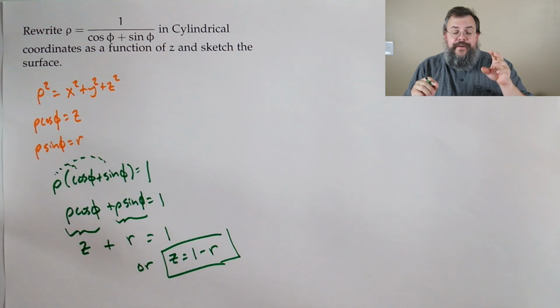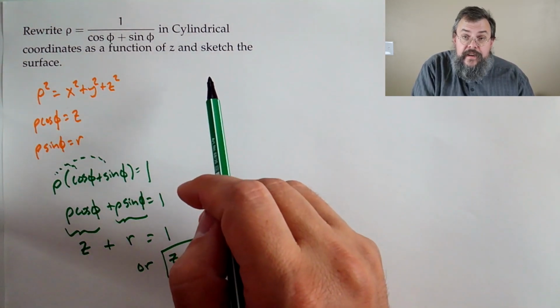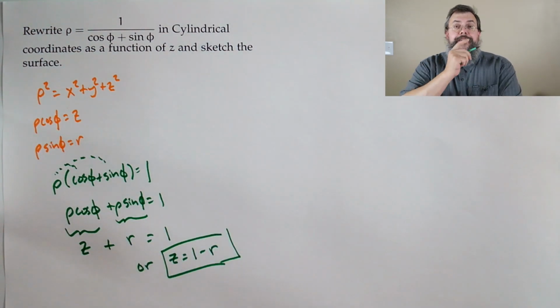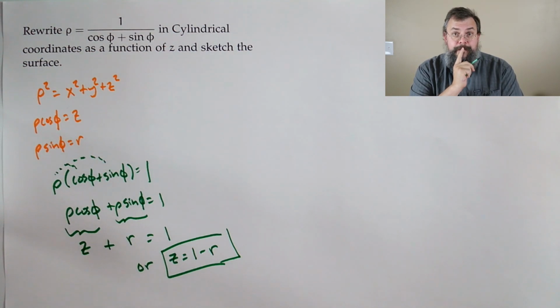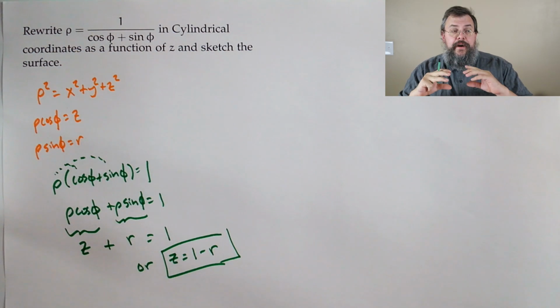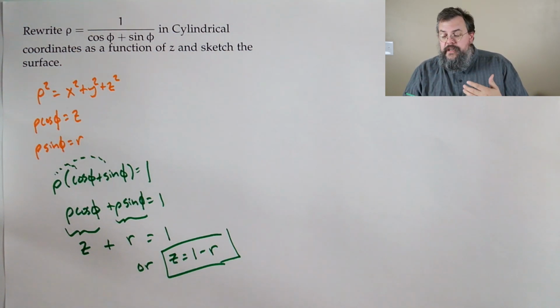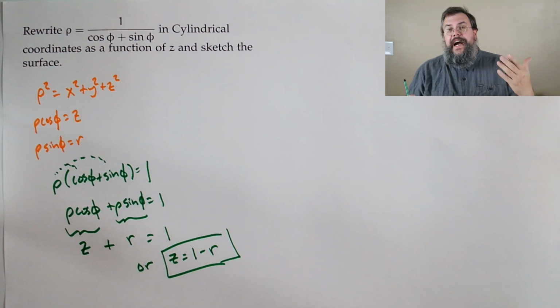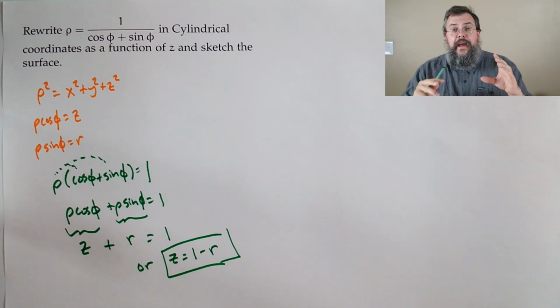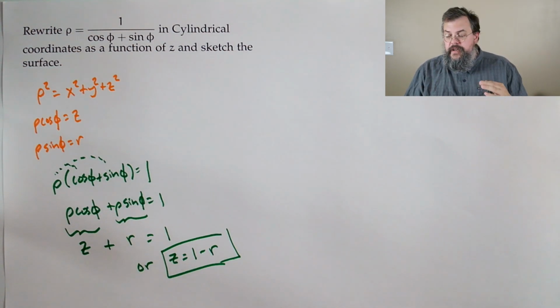There's another part, though. The other part says, sketch the surface. That we have to think about. So let's talk about two approaches. The first approach says, do we recognize it as kind of close to something we know, and can we modify?